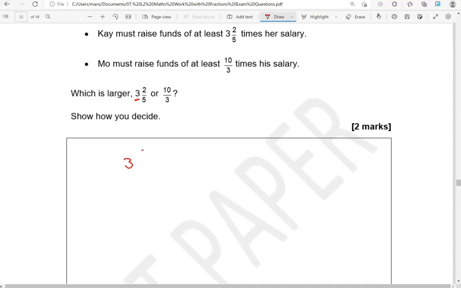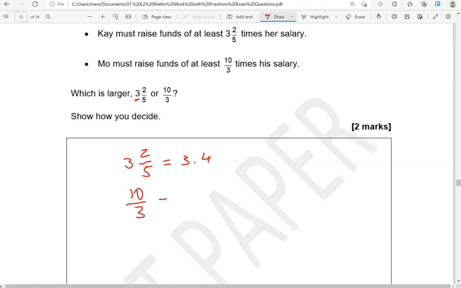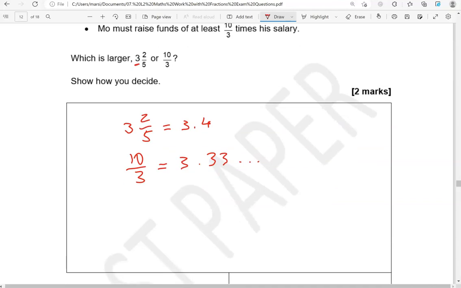So 3 2/5 is equal to 3.4. 10/3, that is 10 divided by 3, which is 3.33. So this is larger, the first one, 3 2/5.